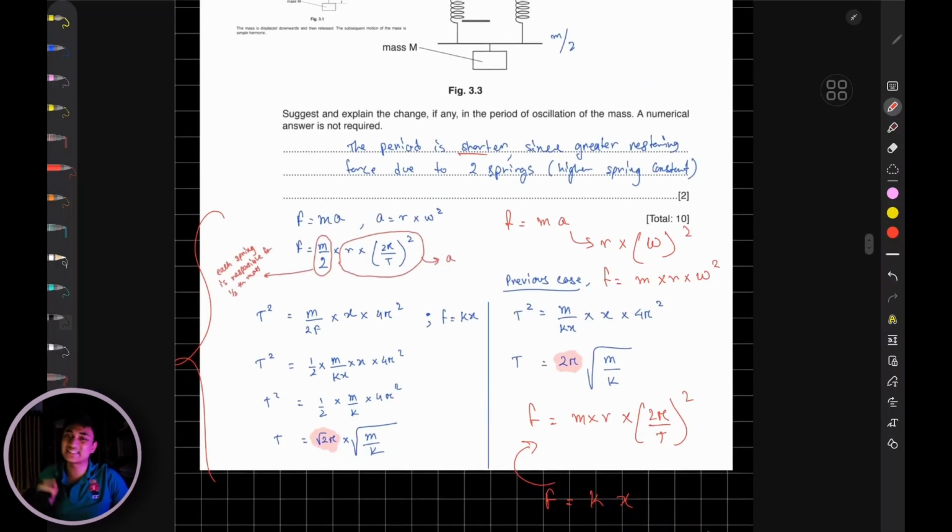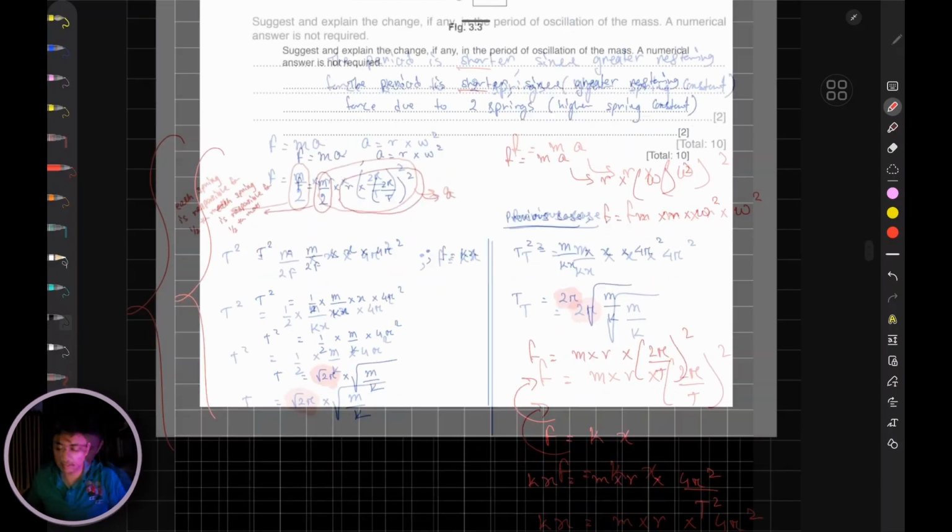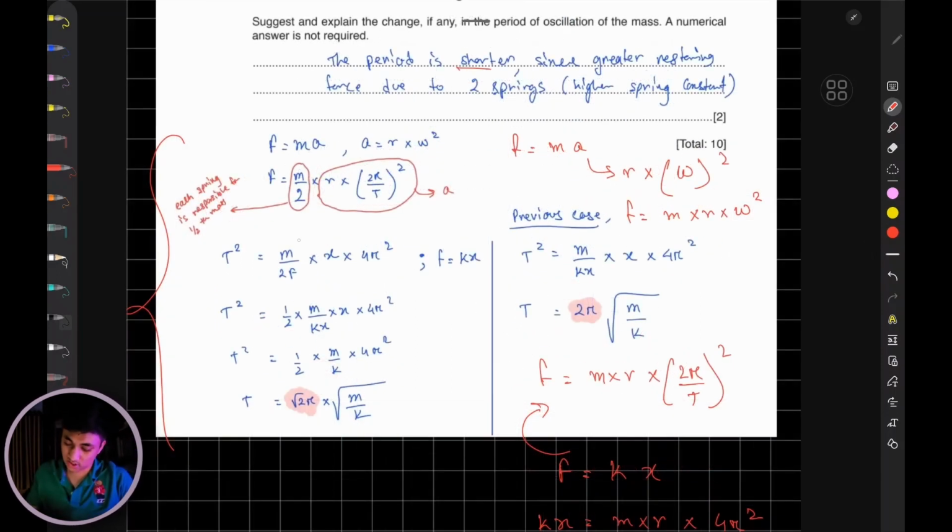So one spring is dealing with the entire mass. In the new case, one spring is only dealing with half the mass. Continuing with this equation where the spring is pulling only half the mass, your force is going to be m by 2, because mass has been halved, times R times 2 pi by T, that is your omega. Fair enough.